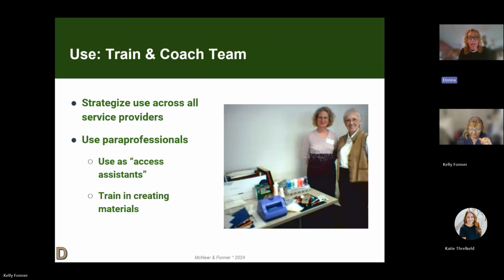And they work with their teachers to make decisions about what they're going to make tactiles. So I always like to promote the use of paraprofessionals in supporting the use of tactile items. And I have a tendency to call paraprofessionals access assistants, because they're helping and supporting that use and that access.